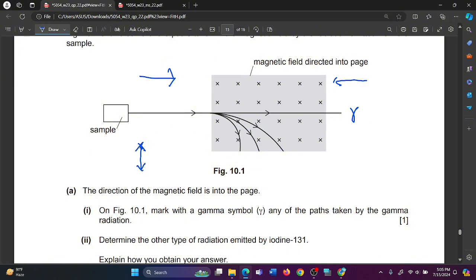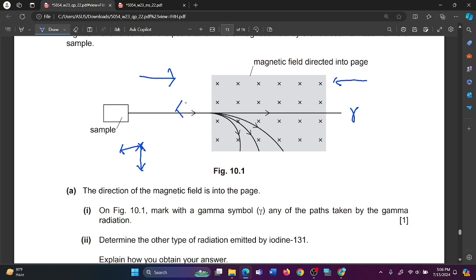This is the thumb. This is the pointer finger, going into the page. Thus, my second finger would go this way. I cannot draw my hands properly, so I'm unable to show exactly what I mean. My pointer finger is going into the page, my thumb is pointing downwards, which is the direction of the force, and my second finger is pointing to the left, which means the current direction is to the left.